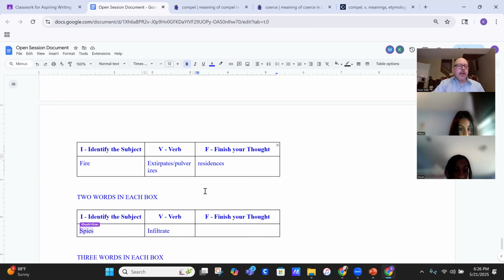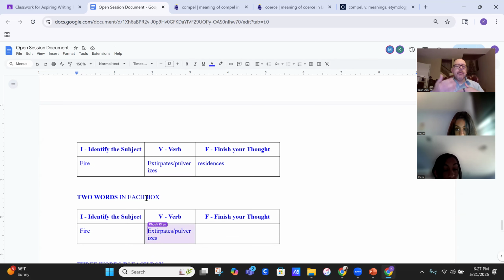Yeah, right. Exactly. But now you have to make it two words. Do I copy the same word and then just make it more here? Yeah, put an adverb or an adjective or something. Put a modifier, something. Okay. You're progressively building these sentences. There you go. I like it.